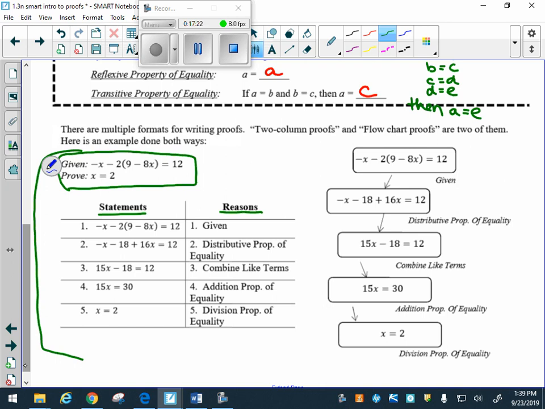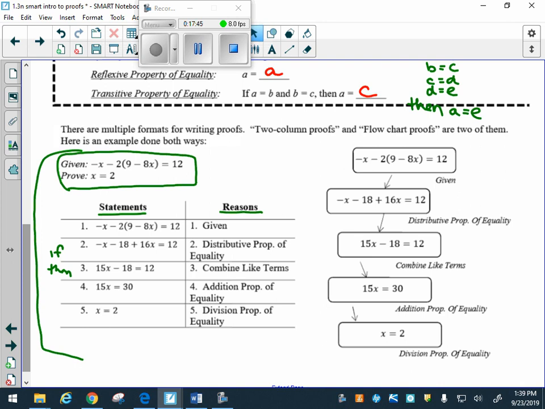Every single one of these can be considered an if-then. If 1 is true, then 2 is true. Why? Because of the distributive property of equality. Then I could move to here. If 2 is true, then 3 is true.